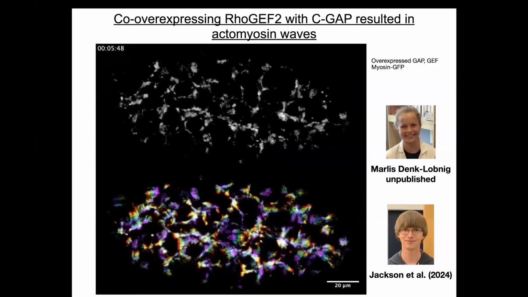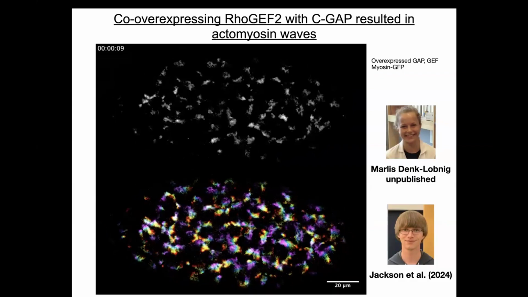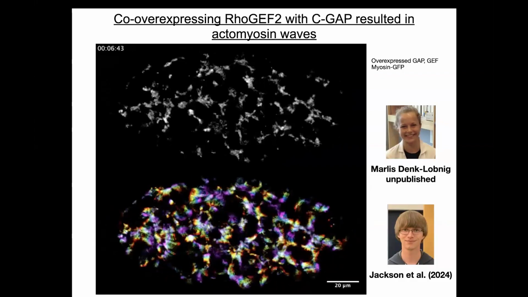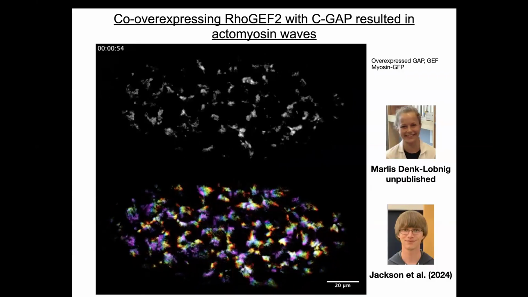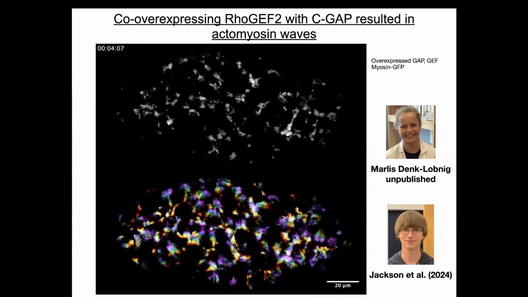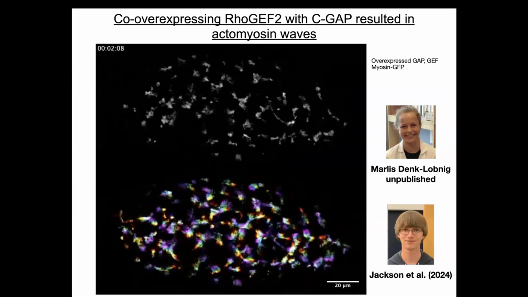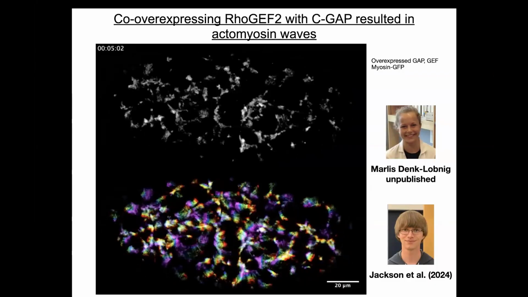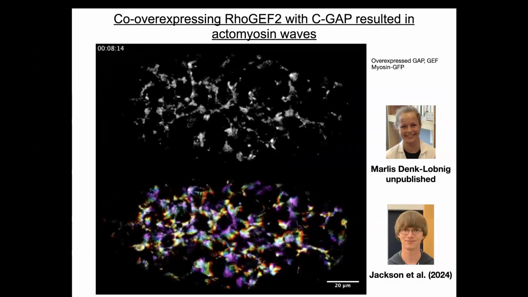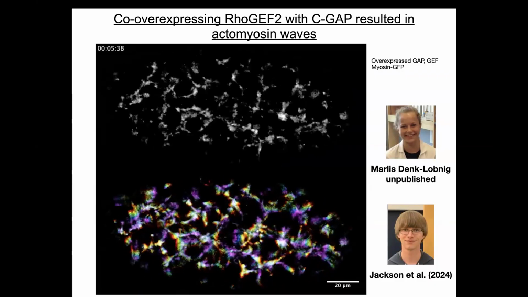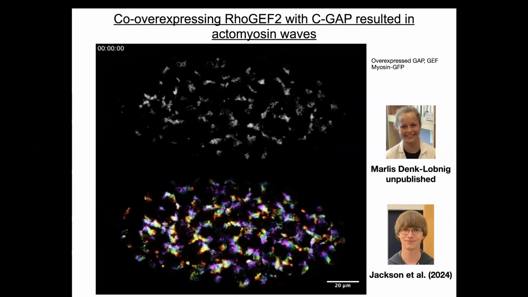And what you can see is we changed the behavior of the pulses to be that of actomyosin waves. The color coding shows you a temporal projection. So you can see that these are really propagating waves of myosin. This is an embryo that has cells still, so you're seeing the waves propagate from one side of the cell to the other.